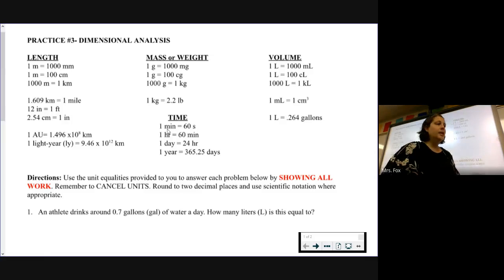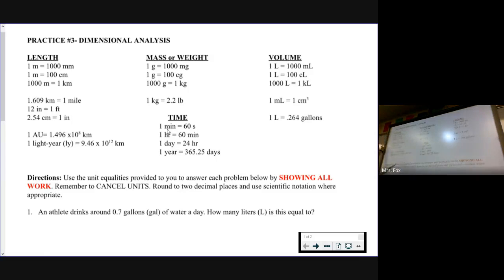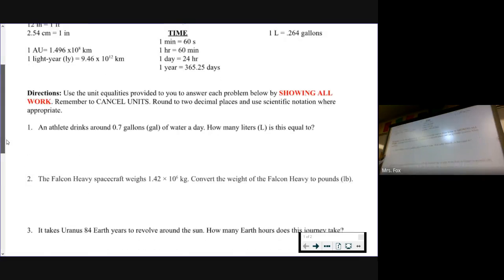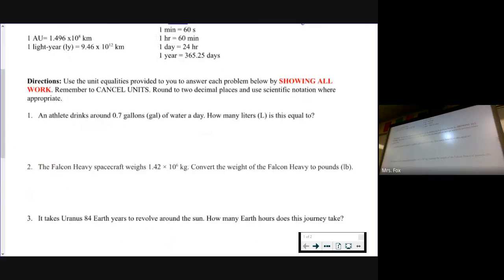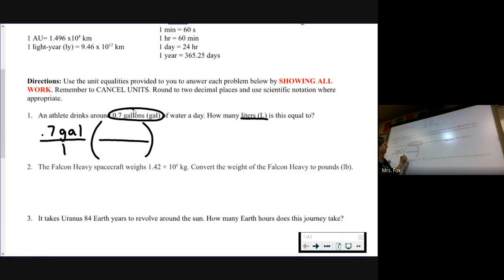So let's get started. The first question says that an athlete drinks around 0.7 gallons of water every day. How many liters is this equal to? Starting with 0.7 gallons, going to liters. I have an equality between gallons and liters. So I start with 0.7 gallons over 1, set up my fraction, my conversion factor.